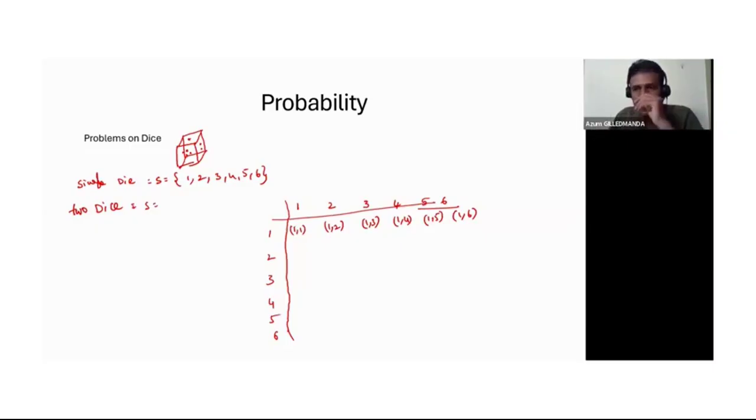All total outcomes we are trying to get, right? So here the other possibility is we can get 2 1, 2 2, 2 3, 2 4, 2 5, and 2 6. This is the other 6 possibilities. If you have 2 on the first die, on the other die there are other 6 possibilities.